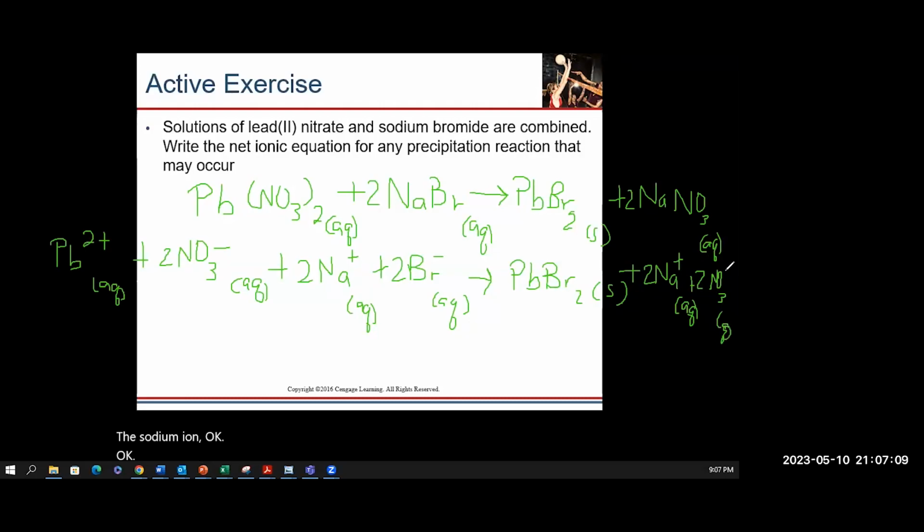Hey, when I run out of room. We said sodium and our nitrates.